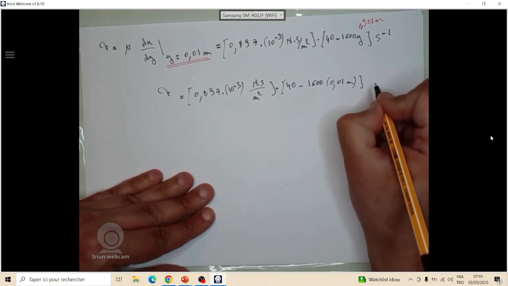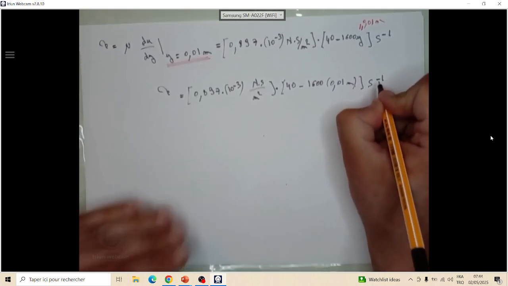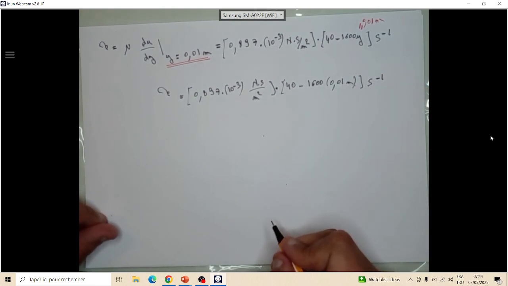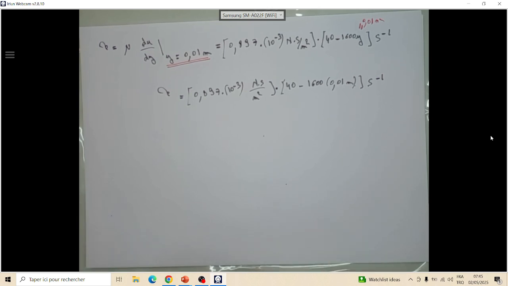And here I have to keep second minus 1. At the end, I will have this value.